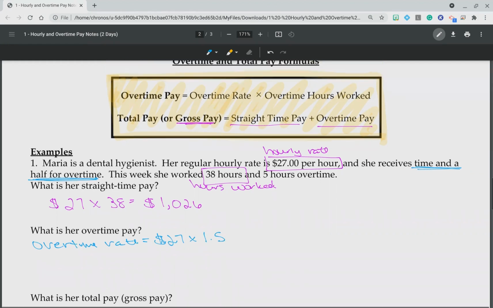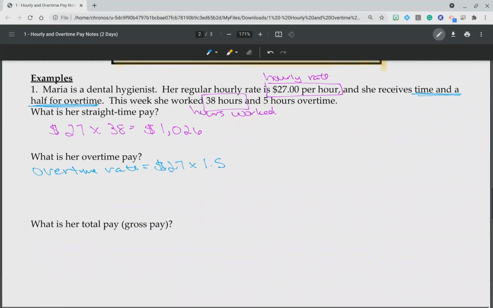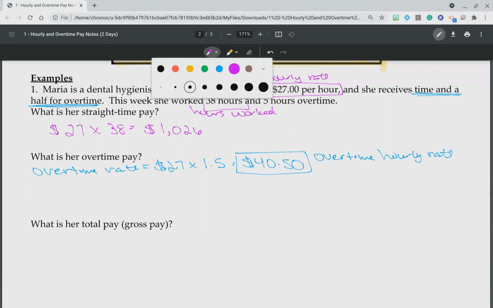Because if you recall up here, that's what we said we multiply it by if we're talking about time and a half, 1.5. So 27 times 1.5 is equal to $40.50. This is her overtime hourly rate.